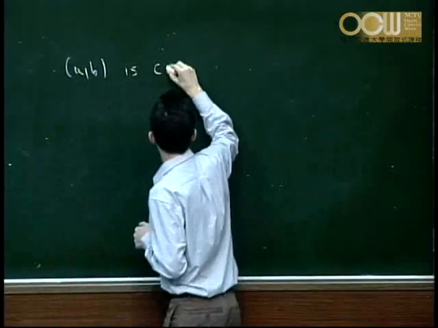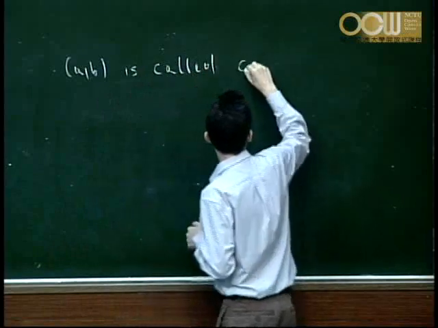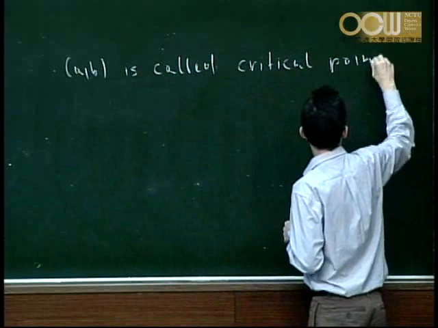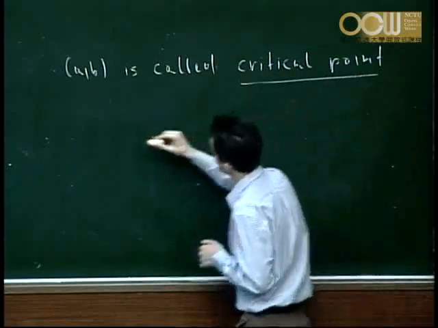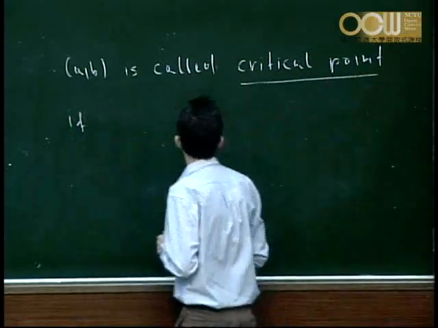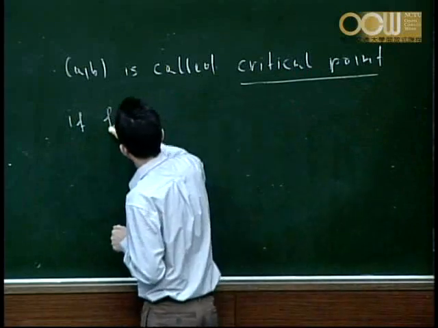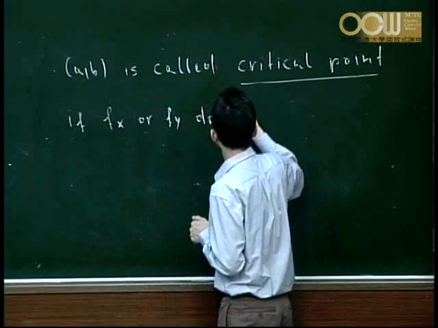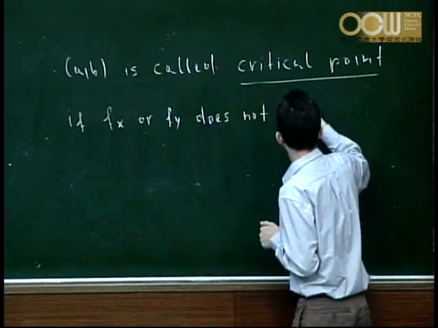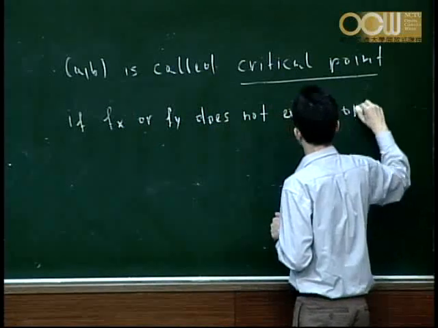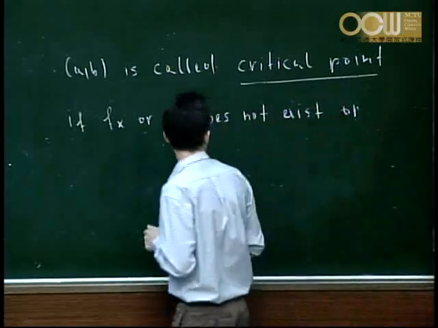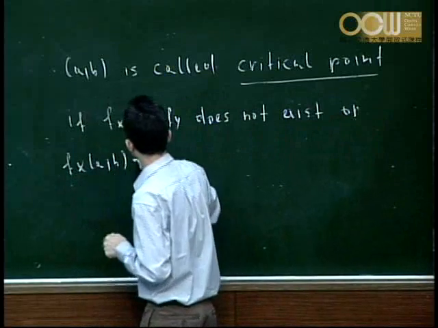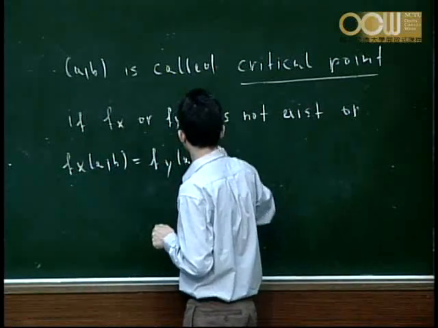It's called a critical point if one of the partial derivatives does not exist, or if they both exist, then they must be equal to 0.